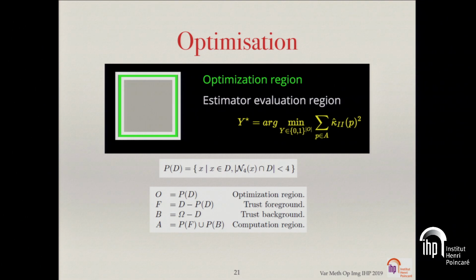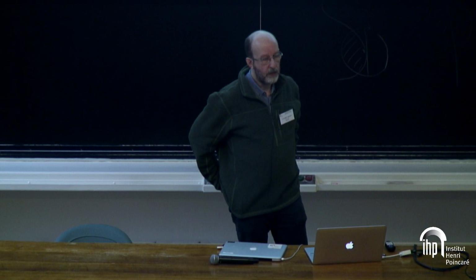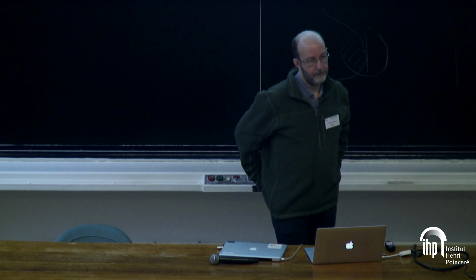So that's the optimization region in O. Yeah, the F is the white one. So what is A? The green one? That's the computation region. That's where you compute now. So it means your optimization depends on Y, but A depends on Y as well. Yes, that's correct.